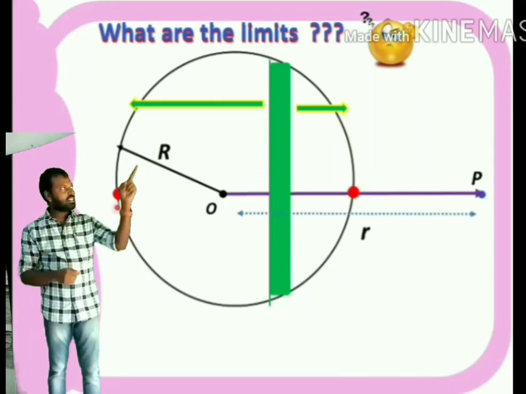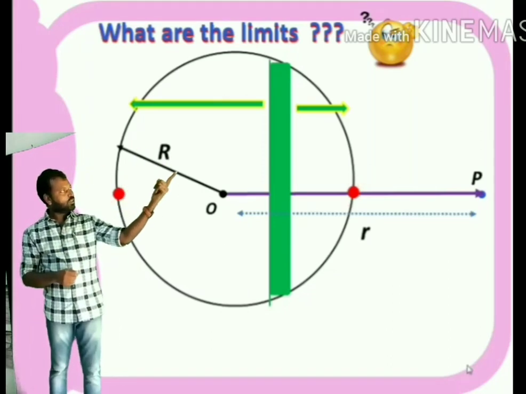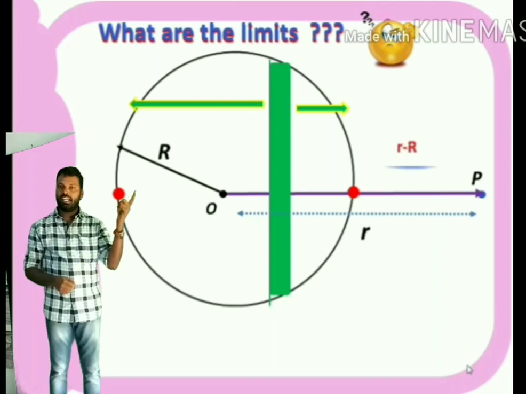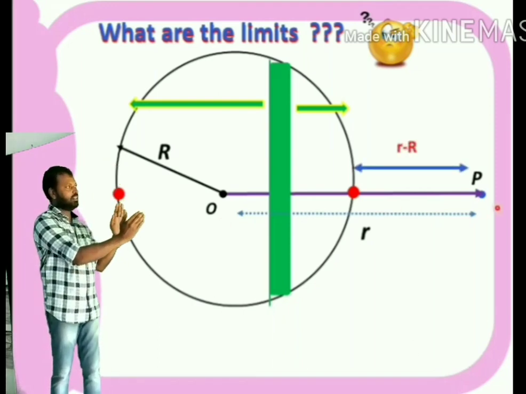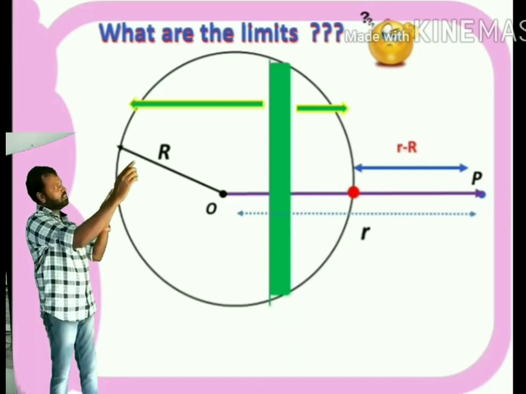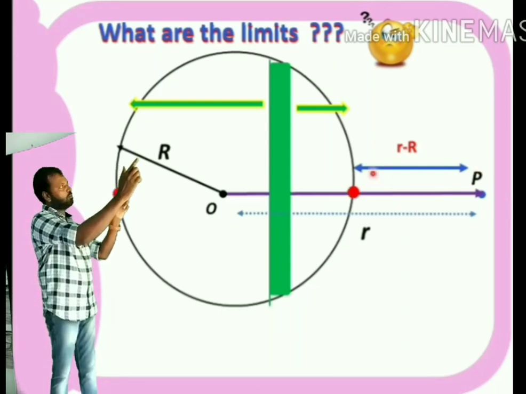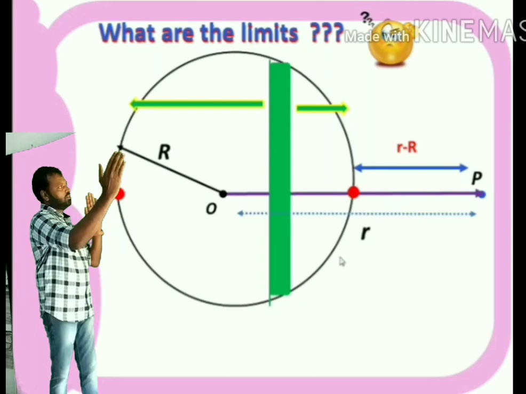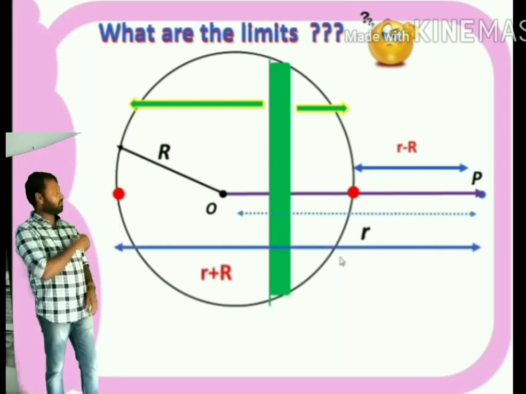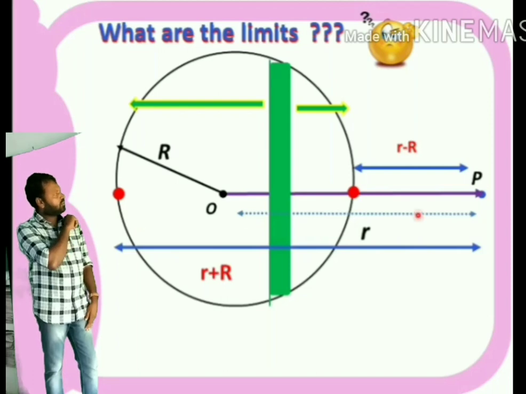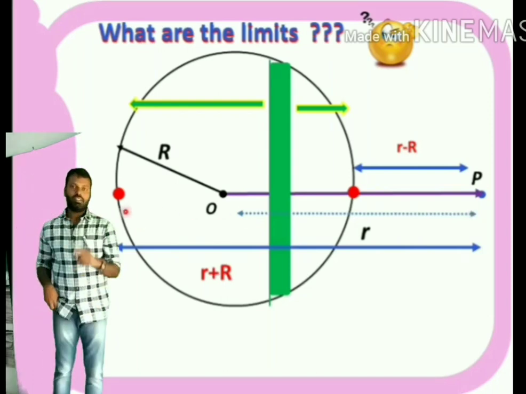Now tell me, what is the distance between point P and this right end? Actually, what is OP? Small r. What is the radius? Capital R. So now what is this distance? This is small r minus capital R. So this is my lower limit. Now what is the upper limit? The left end of the sphere. This is my left end.